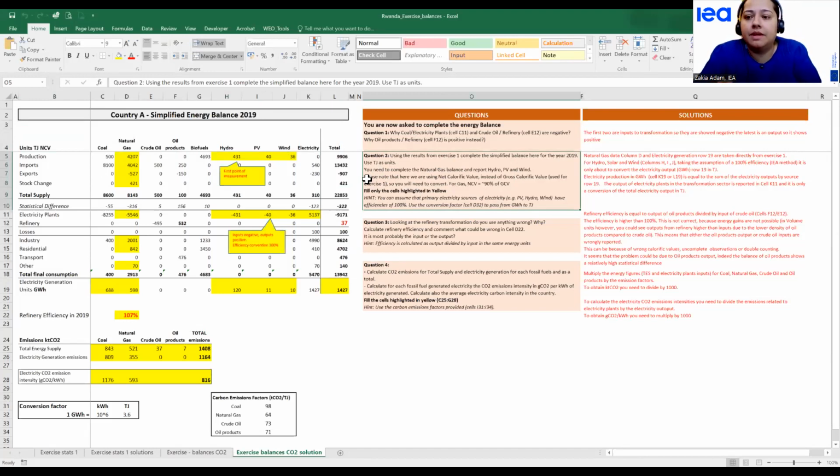Here you multiply by 0.9 because, as we said in the presentation, for natural gas the difference between the gross and the net calorific value is 10%. For oil and for coal, it's 5%. So what do we do? For natural gas production, we go back to exercise 1.